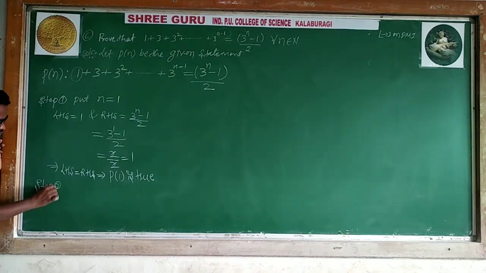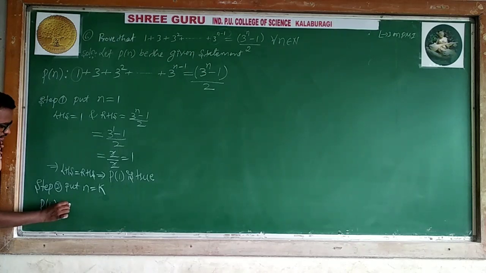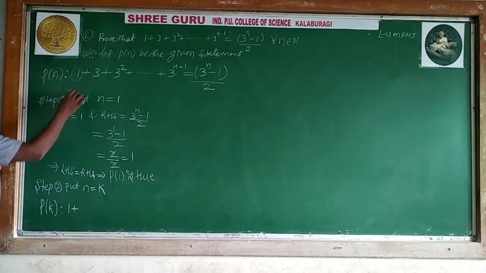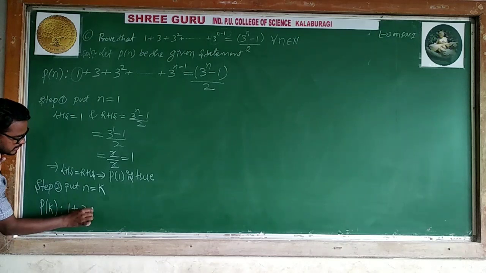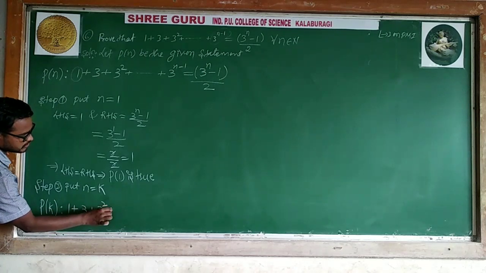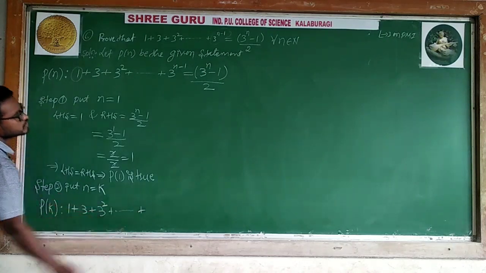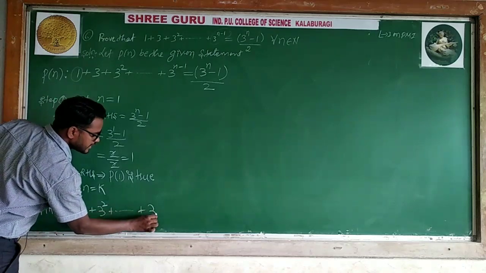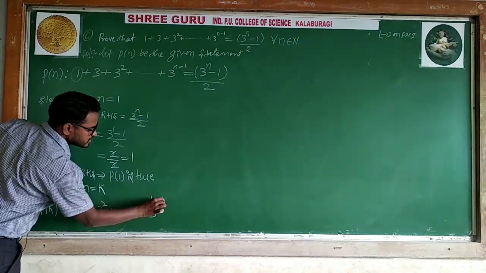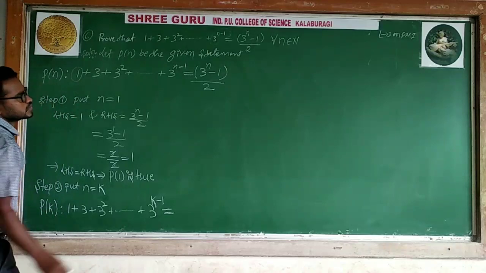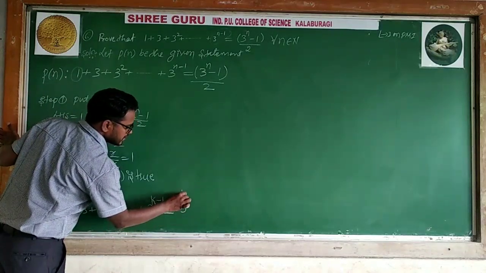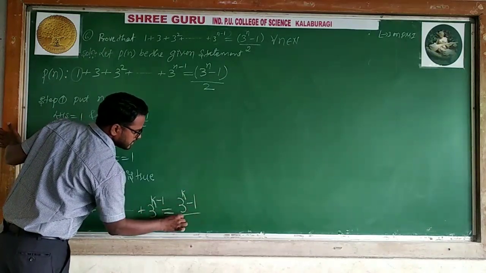Step 2. Put n is equal to k. When we take n is equal to k, P of n becomes P of k. Replace n with k: 1 plus 3 plus 3 square plus so on, 3 to the power k minus 1 is equal to 3 to the power k minus 1 divided by 2.